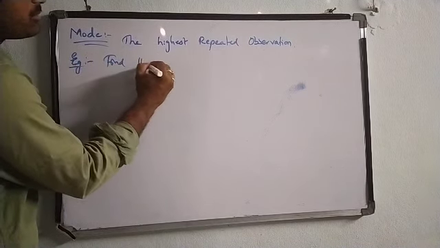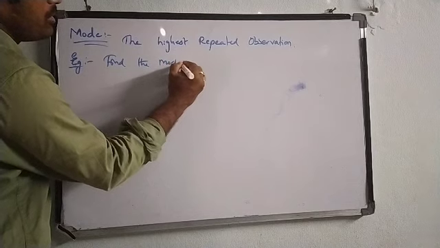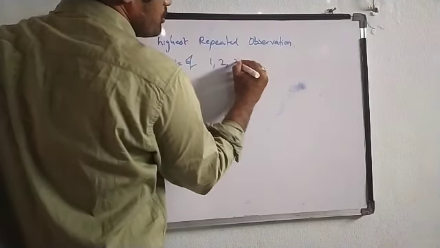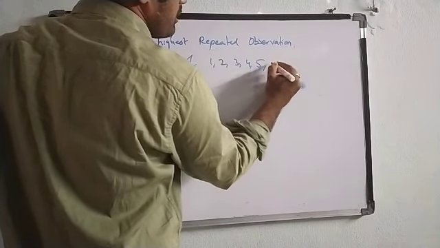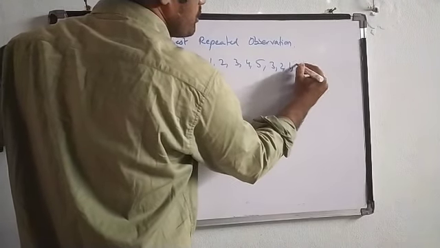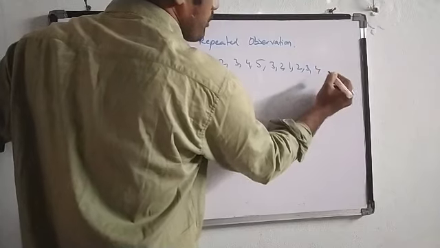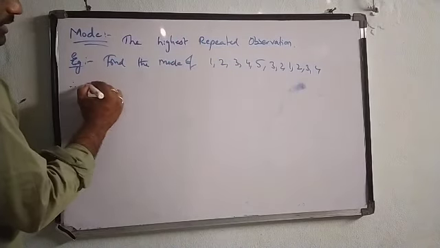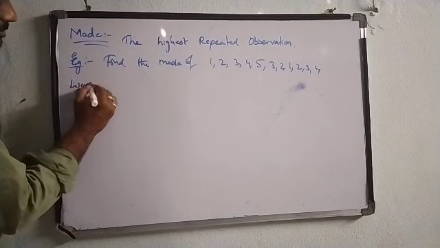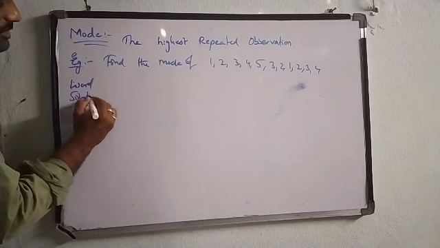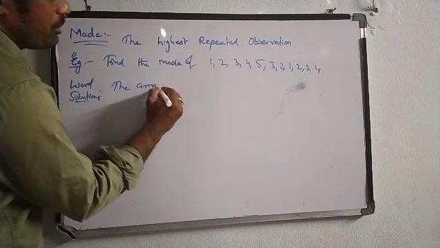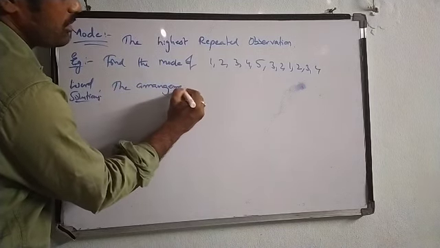Find the mode of 1, 2, 3, 4, 5, 3, 2, 1, 2, 3, 4. So if you observe here, let us see the solution. Let us arrange the given observations in increasing order.